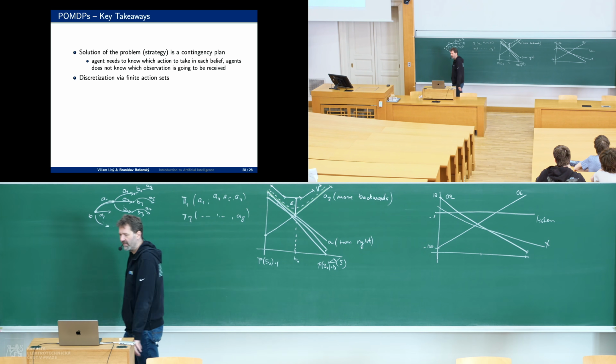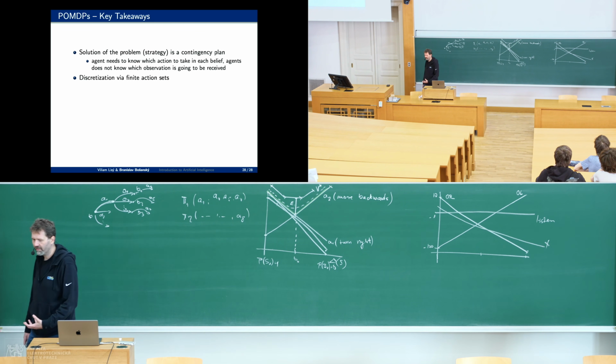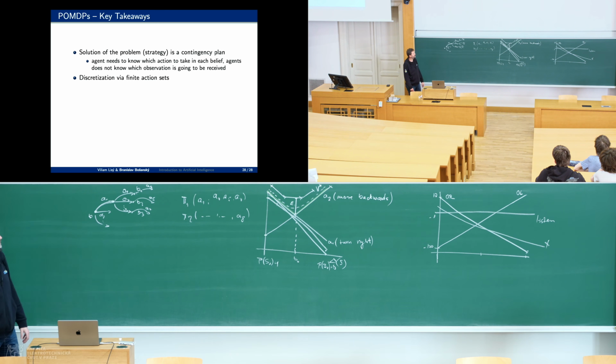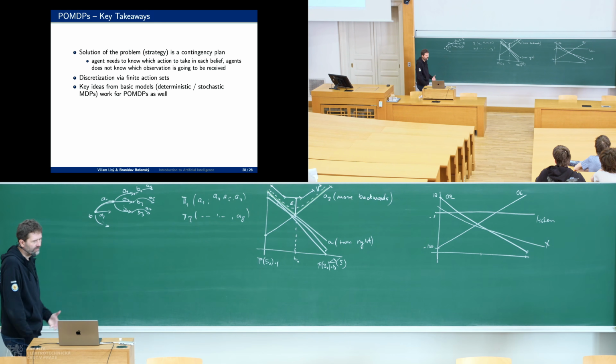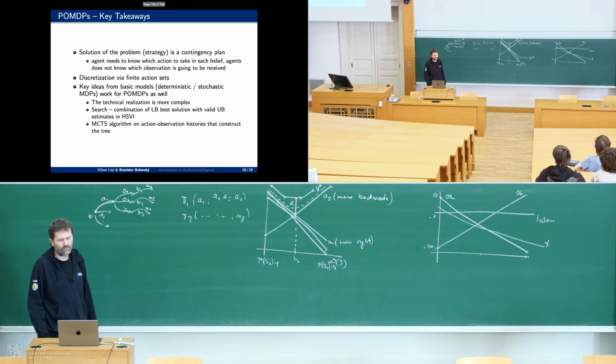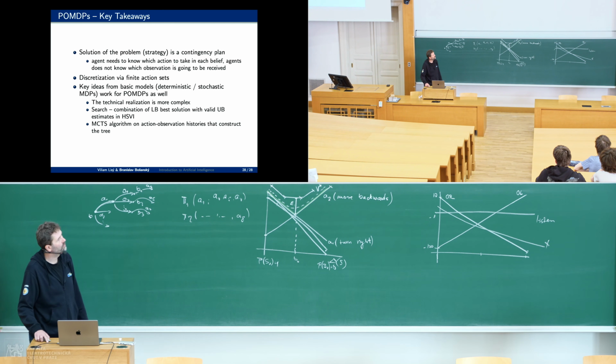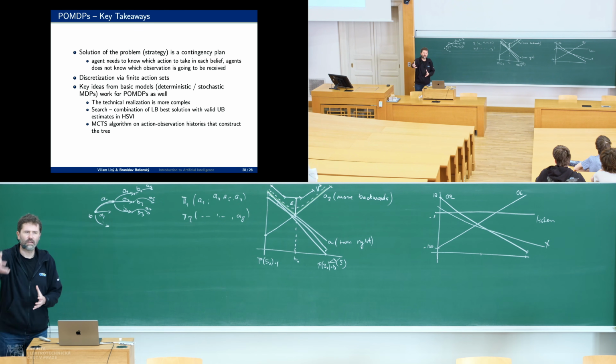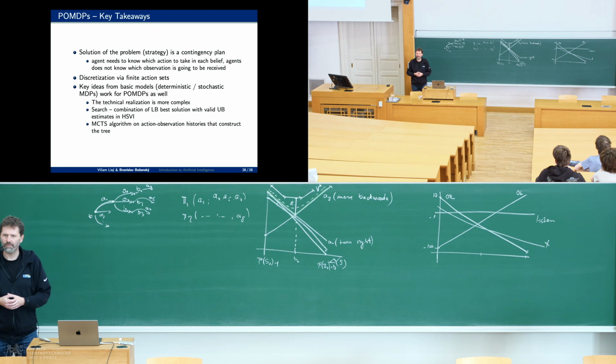And then one important observation was how to discretize the continuous space using a finite set of actions and observations. And the fact that the key ideas from simpler models carry over to POMDPs, it works. The ideas from A*, from Monte Carlo sampling, it's possible to adapt them, and it will be possible for you to adapt them on the problems that you will be solving later in your life.